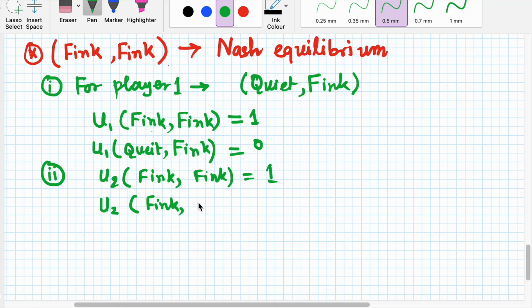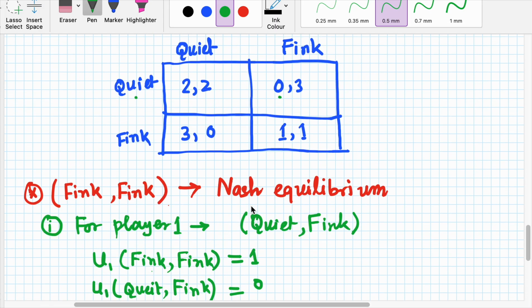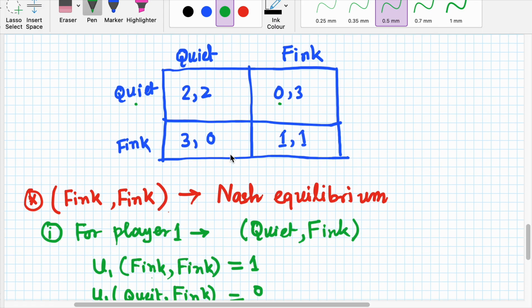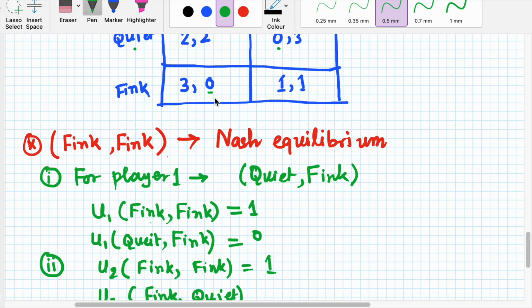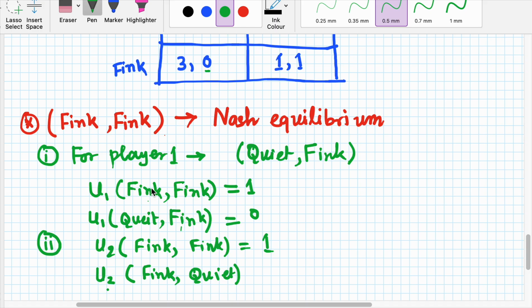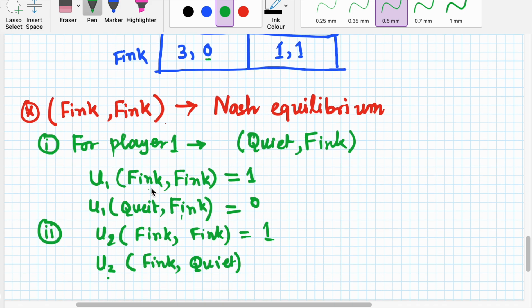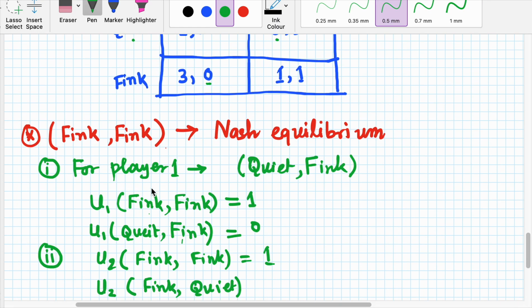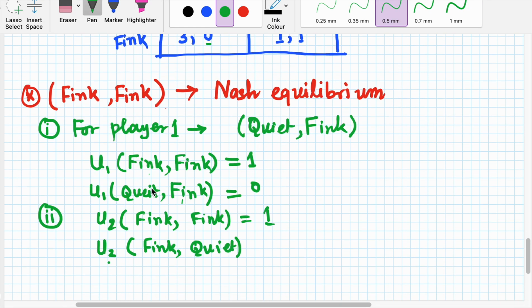When player 1 finks and player 2 remains quiet, he gets a payoff of 0.